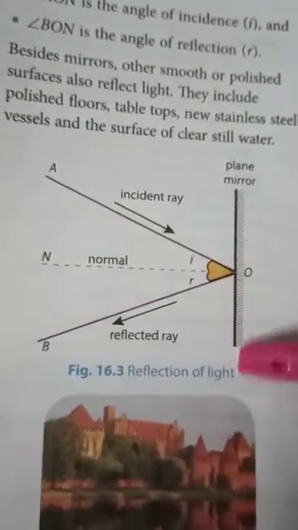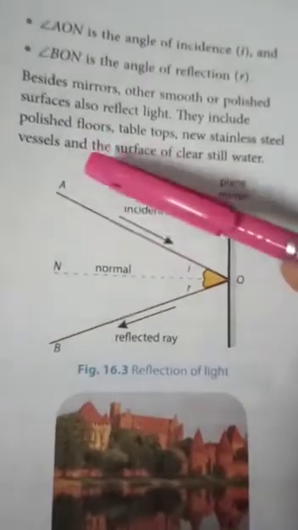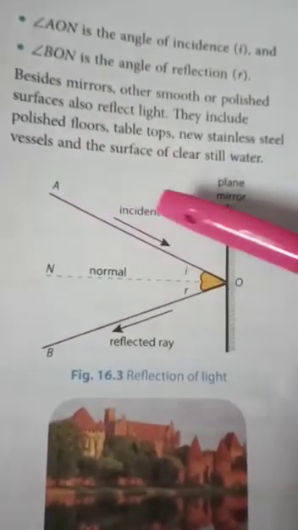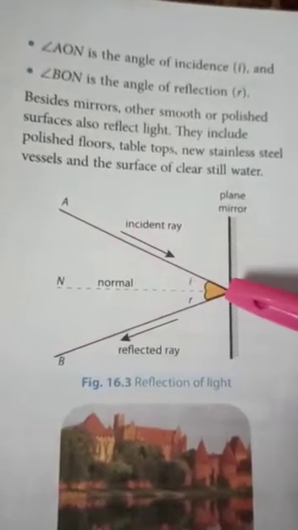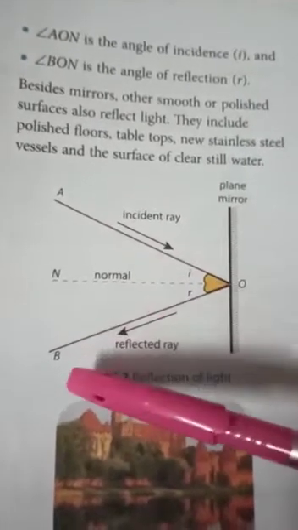Now on page number 201, you can see a plane mirror given, and on this plane mirror a light is incident. That light which is incident on the plane mirror is called the incident ray. After the ray is incident, the rays will be reflected back.